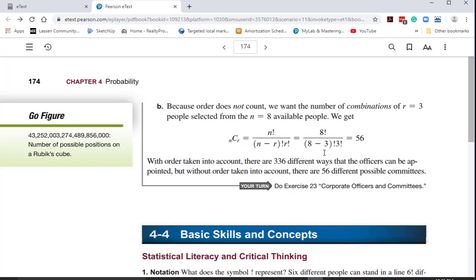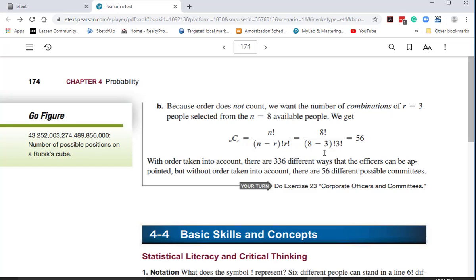It's exactly equal to this equation without the R factorial. So which one do you think is going to be bigger? Which rule is going to be bigger? N factorial over N minus R factorial, or the combination rule, N factorial over N minus R factorial times R factorial? This one. Right? This is going to be a larger set than this one. Do you agree? Because we're not dividing by R factorial.